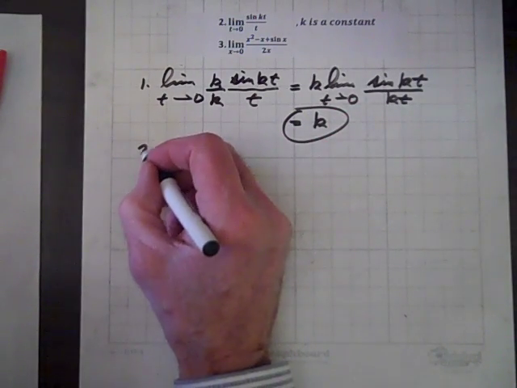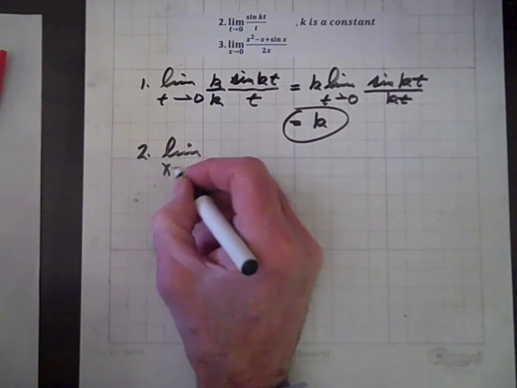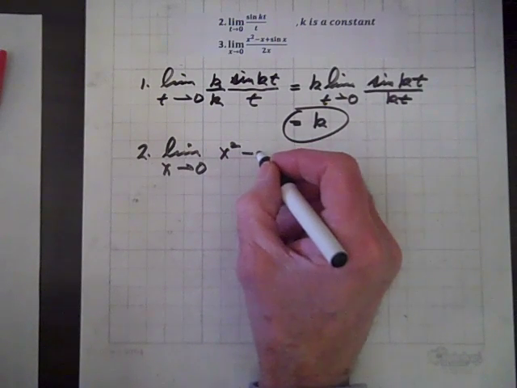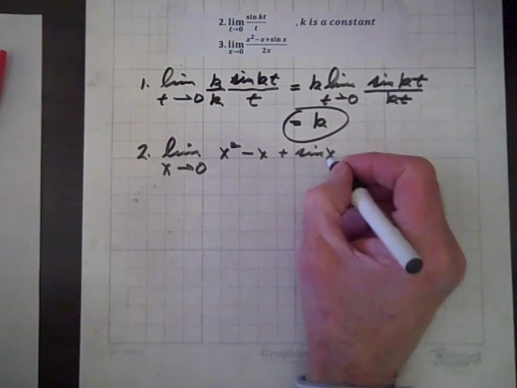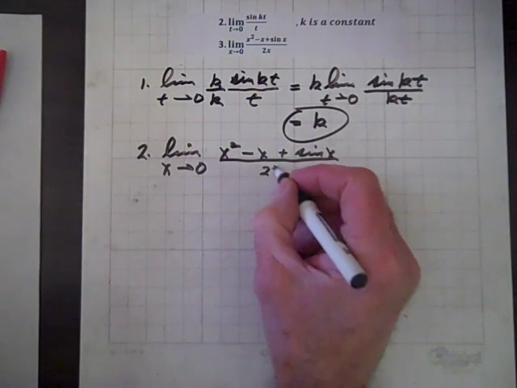Now for 2, we have the limit as x goes to 0 of x squared minus x plus sine x all over 2x.